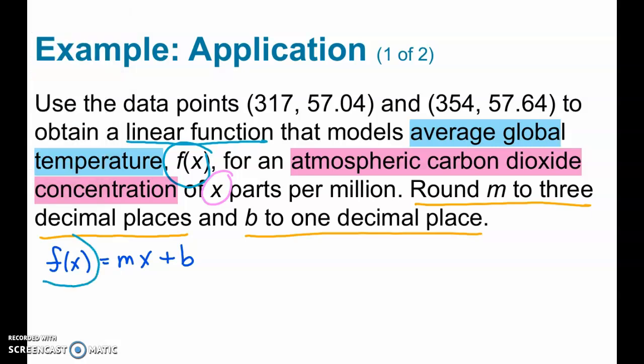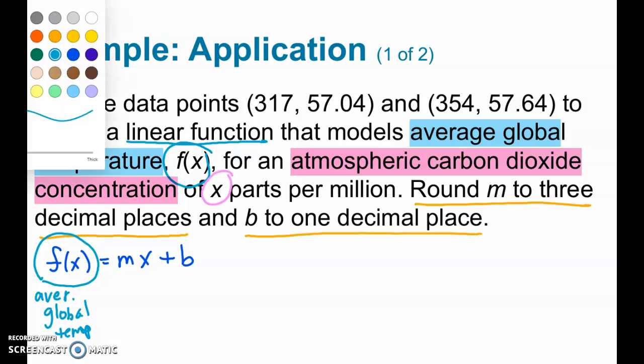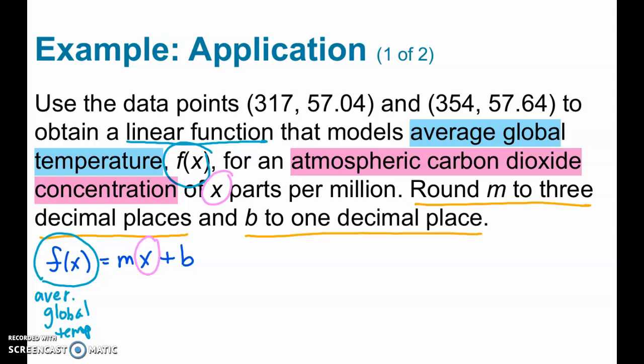This right here, this f of x, the output, is the average global temp. And the input, x, is the carbon dioxide concentration. CO2 stands for carbon dioxide.